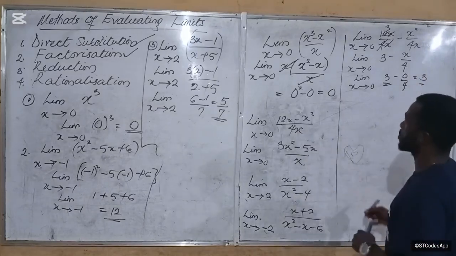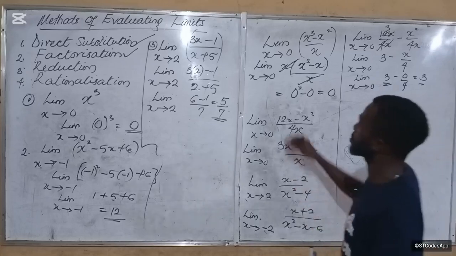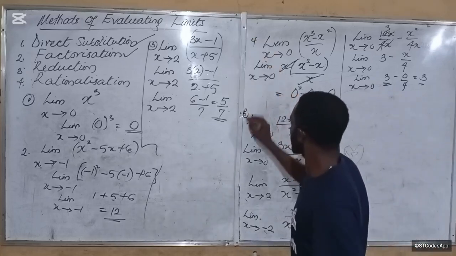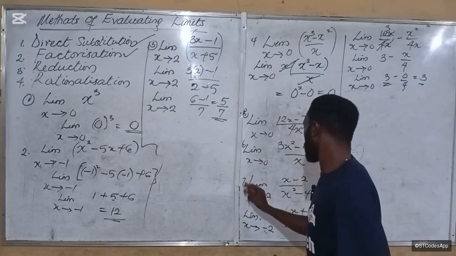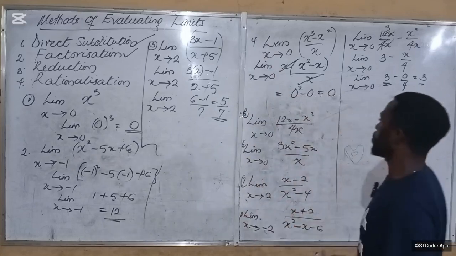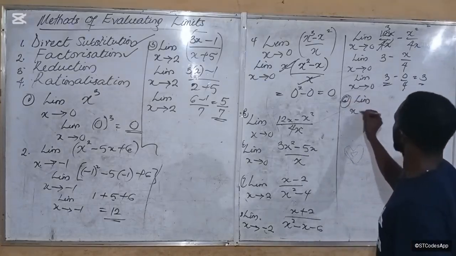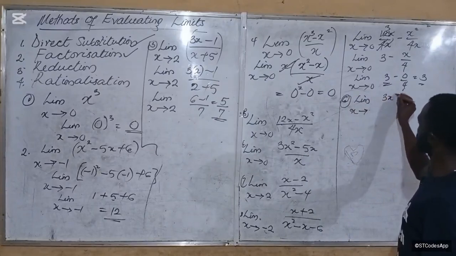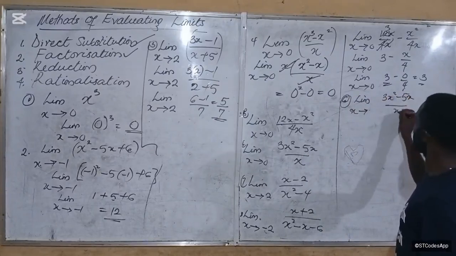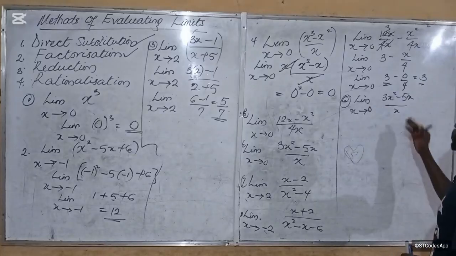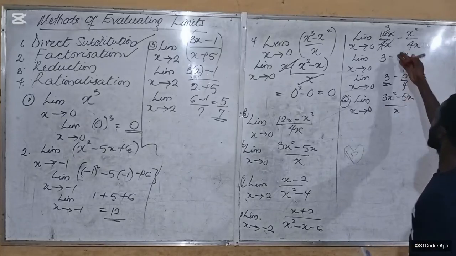Then the next one says, so this is question 4, question 5, question 6, question 7, question 8. So the next one says, question 6, the limit of 3x squared minus 5x over x as x approaches 0. You can factorize here too, or do what I did.